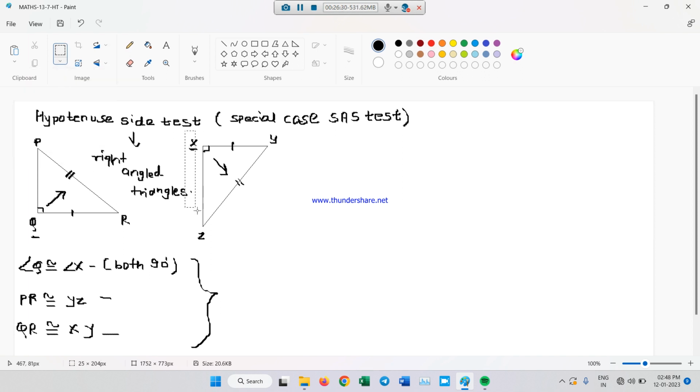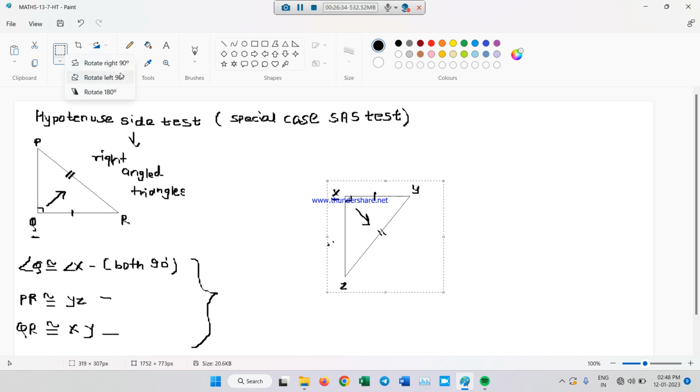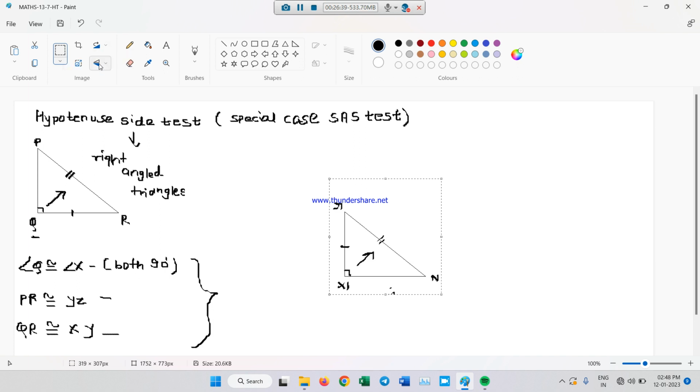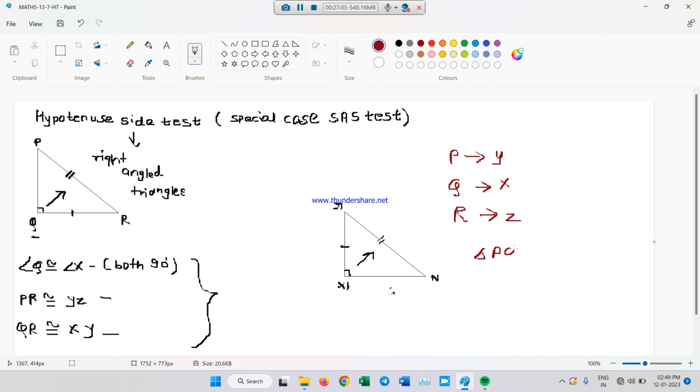So we will write our one-to-one correspondence: point P corresponds to point Y, point Q corresponds to point X, and point R corresponds to point Z. So here we will say triangle PQR is congruent to triangle YXZ. I will follow the same sequence, by hypotenuse side test.